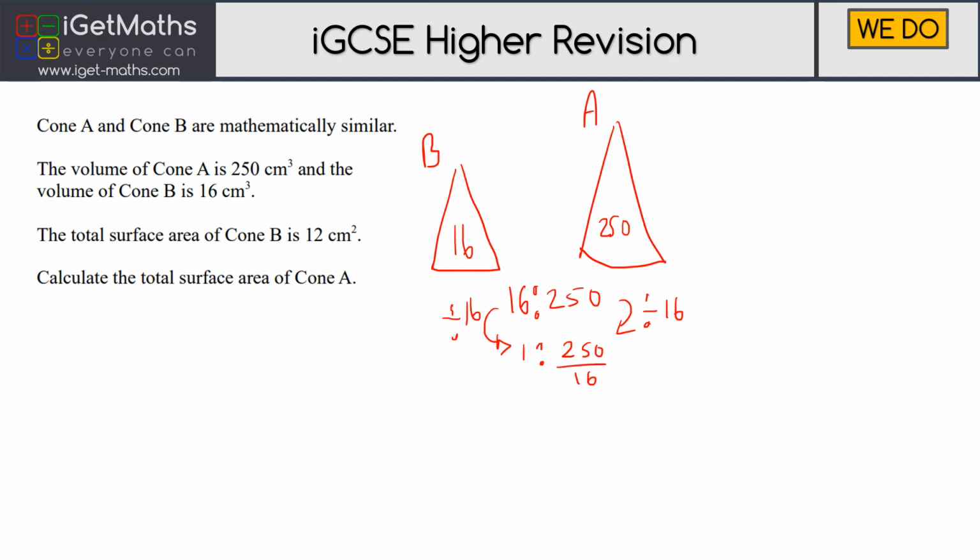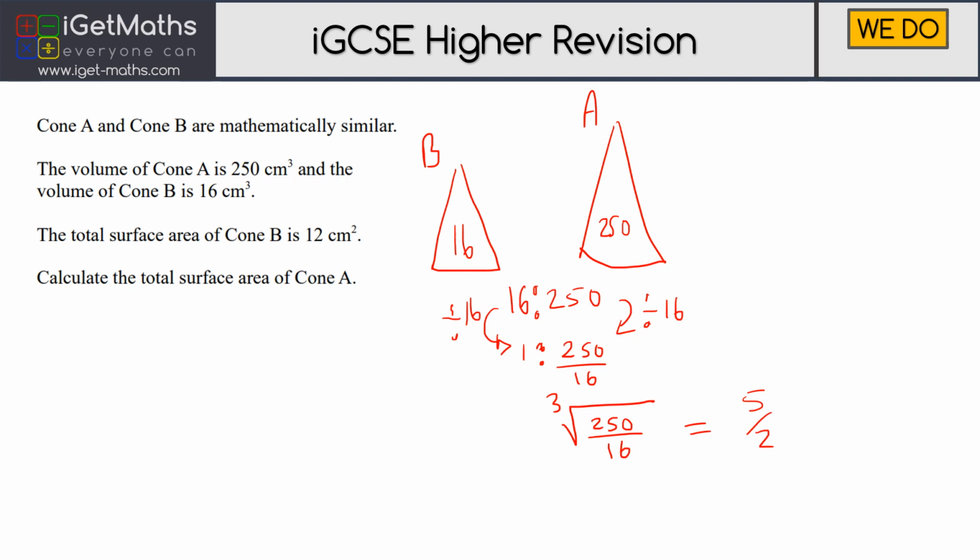And then to get its length scale factor, we're going to cube root that. So that's a cube root of 250 over 16. That gives us 5 over 2, and that is the length scale factor.